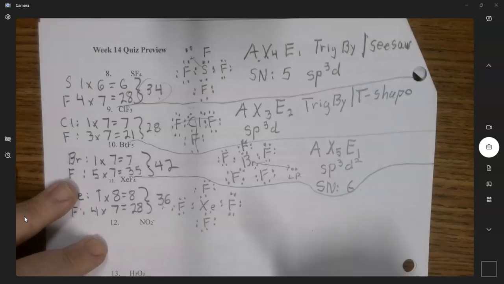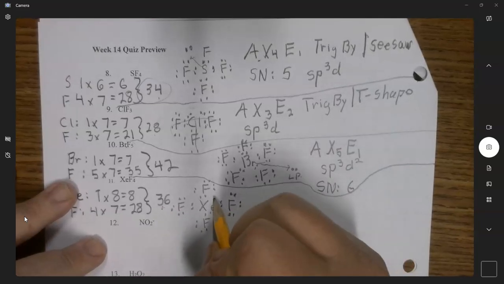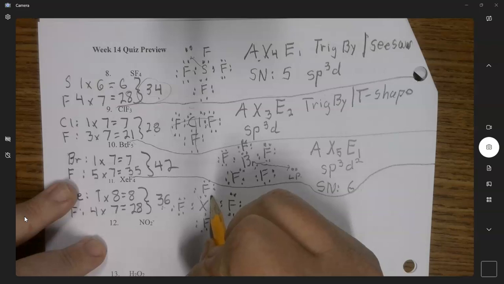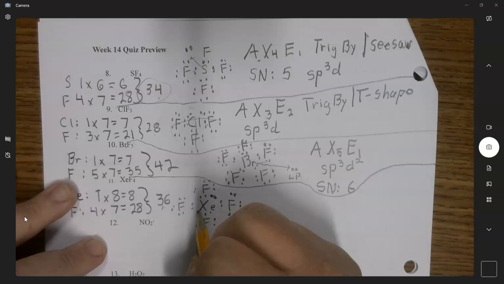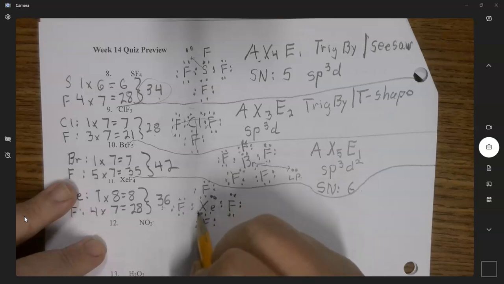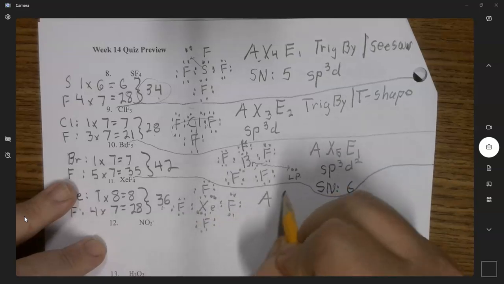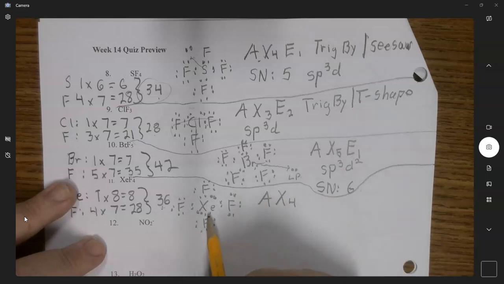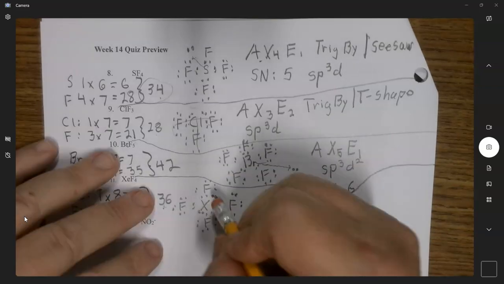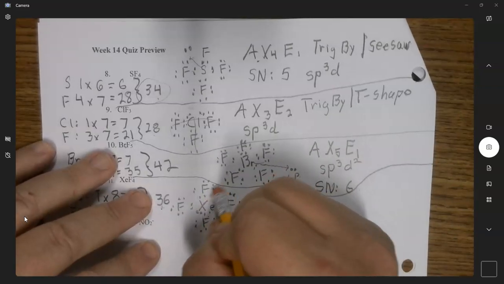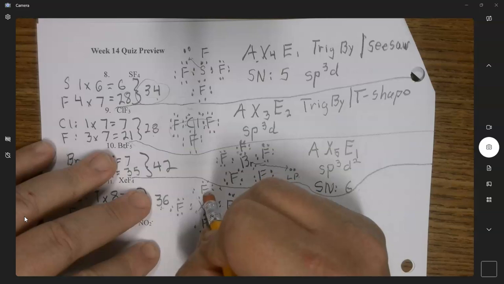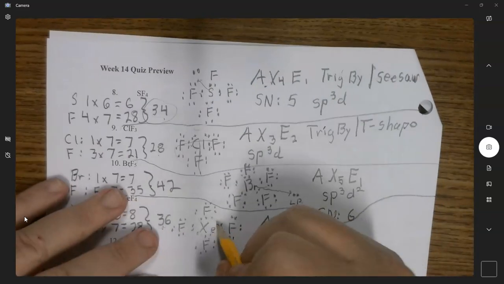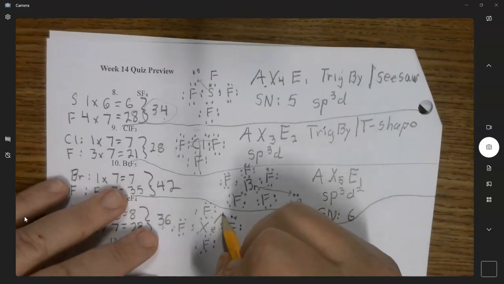So that means you need 2 more lone pairs. So I'm going to draw a lone pair right here, and one right here. That's a lone pair. So the AX notation is AX4 because you have 1, 2, 3, 4 bonding with the fluorine. And I think I should have done what I did last time. Let me erase those lone pairs. Let me draw an arrow out here away from it so you can see them.